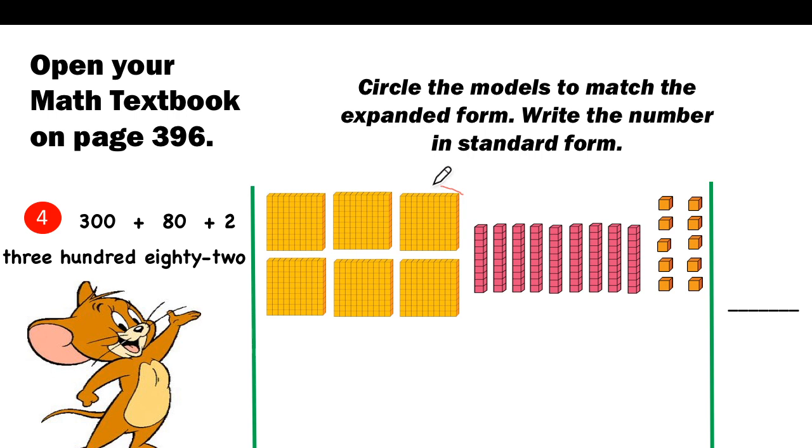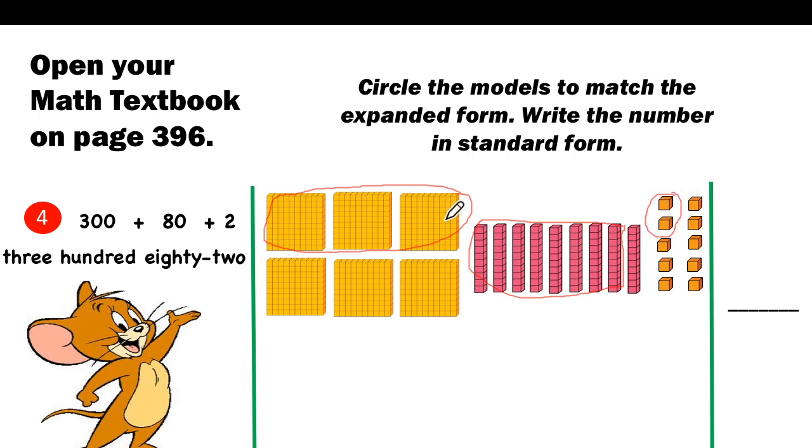Circle 3 blocks of hundreds. Now, how many tens? 8 tens. 80 makes 8 tens. Count 1, 2, 3, 4, 5, 6, 7, 8. Circle 8 tens. And how many ones in expanded form do you have? 2. Then circle 2 ones.